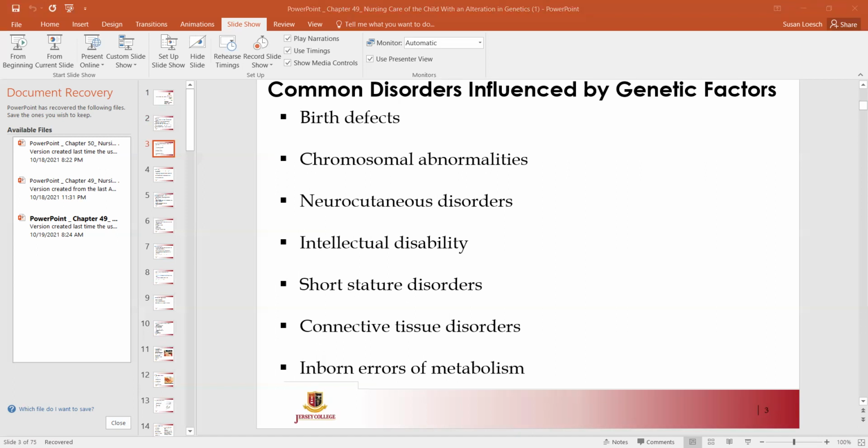A familial disorder is more common in relatives of the affected individual, but may be caused by things like environmental factors, not genetic alterations. Many chronic disorders of childhood have a genetic or inherited cause. Common disorders suspected to be caused or influenced by genetic factors include things like birth defects, chromosome abnormalities, and neurocutaneous disorders.